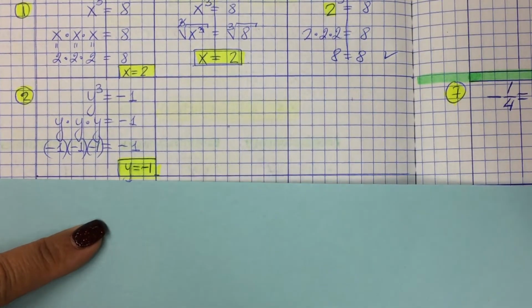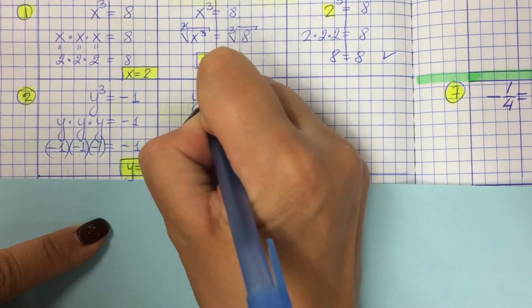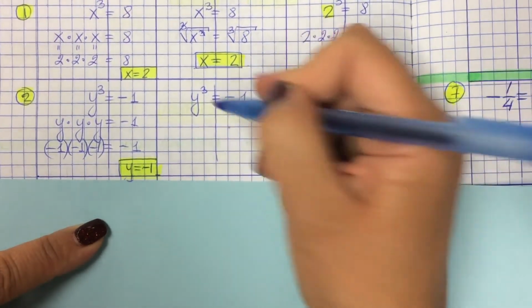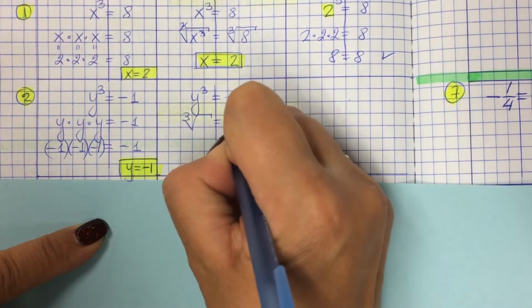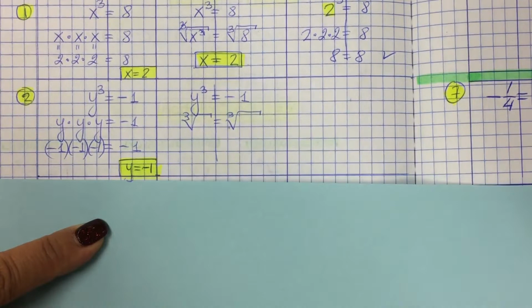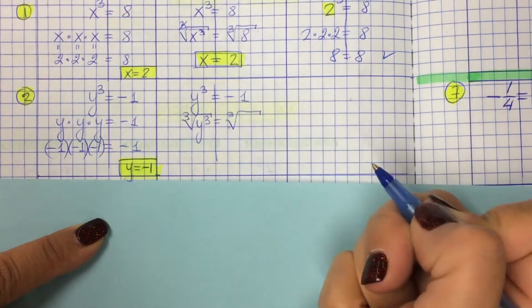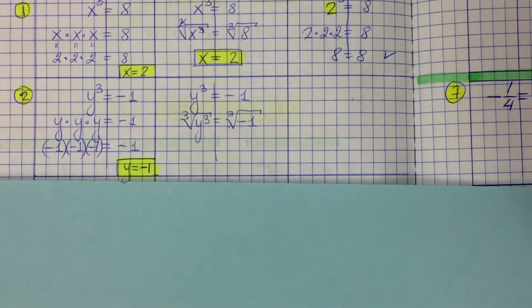Let's show using inverse operations for the same equation. y to the third power equals negative 1. Cube and cube root are inverse operations, so we use the cube root on both sides. On one side of the equation I had y cubed, on the other side I had negative 1, but we use the cube root on both sides.